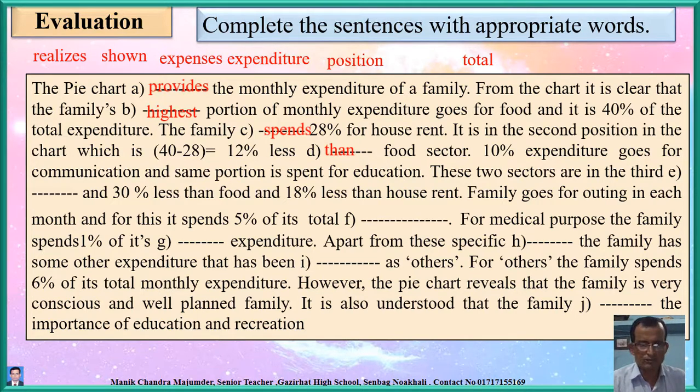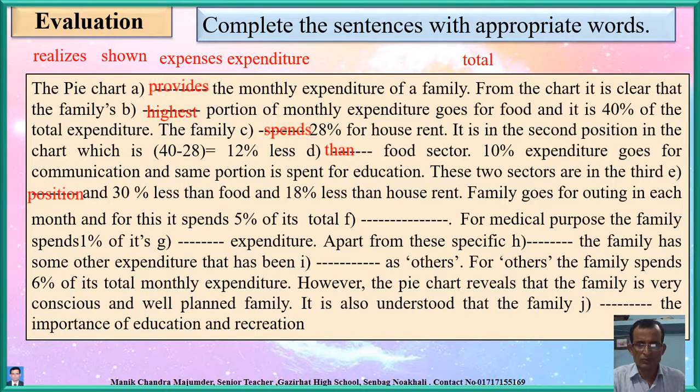10% expenditure goes for communication and the same portion is spent for education. These two sectors are in the third position, and 30% less than food and 18% less than house rent.